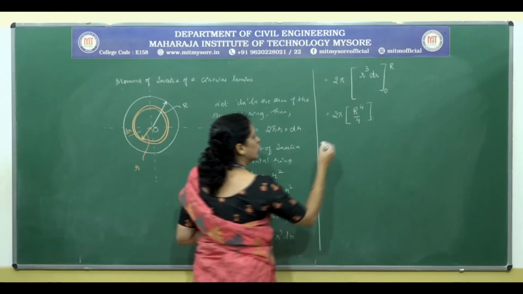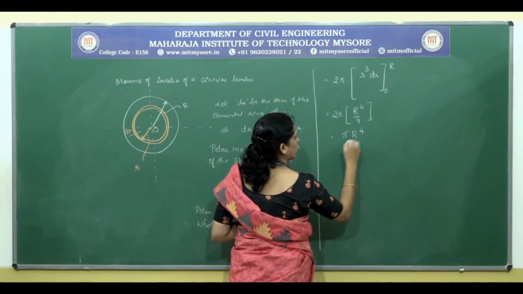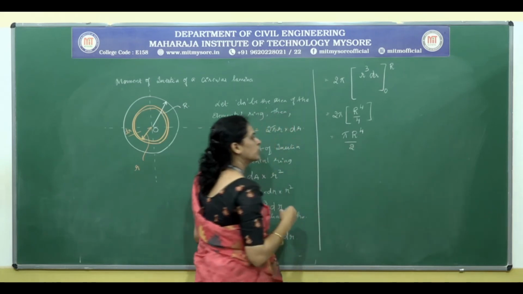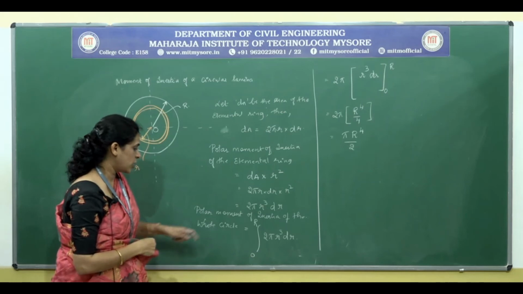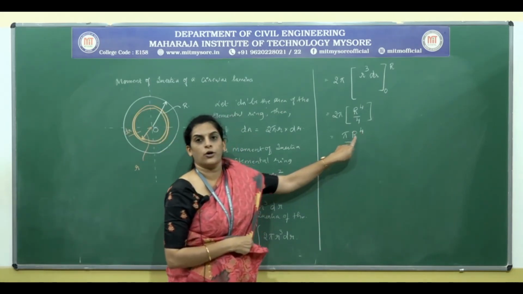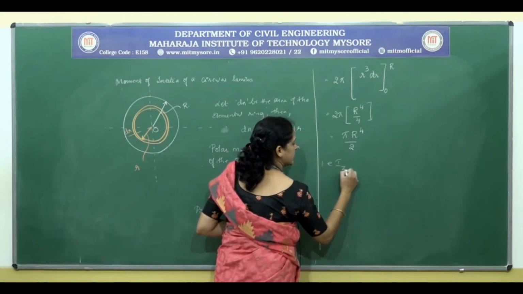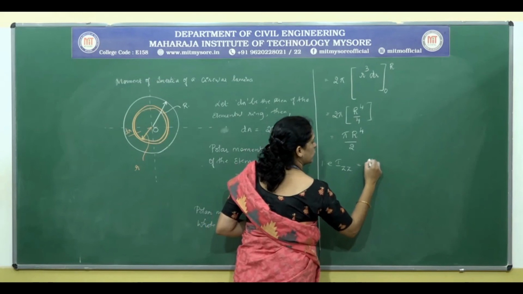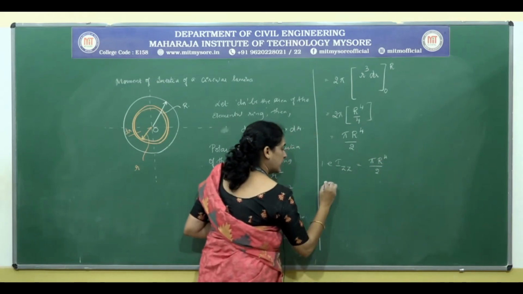So, now we get pi r to the power of 4 by 2. Therefore, the polar moment of inertia of the whole circle is Izz is equal to pi r to the power of 4 by 2.